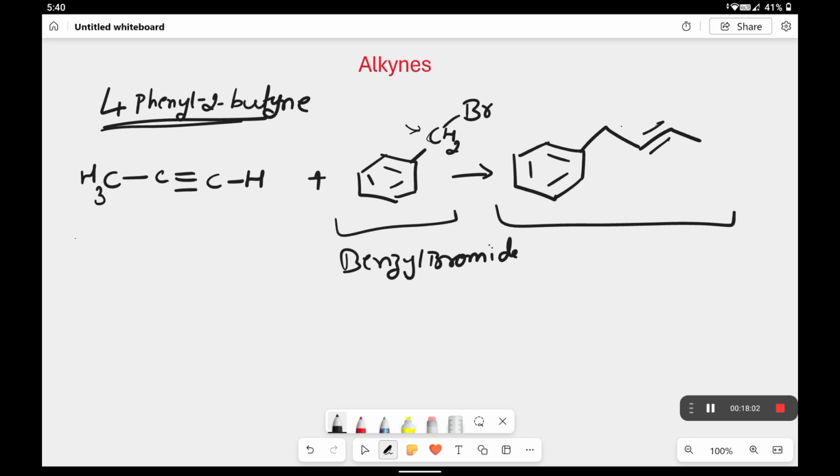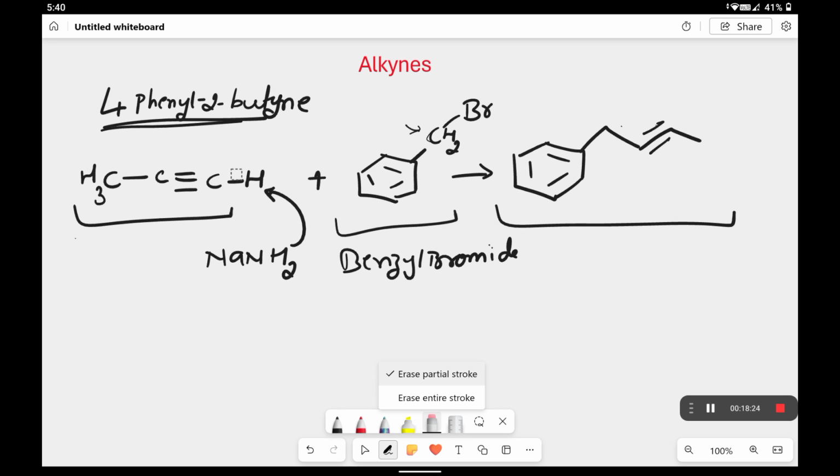Yes. This contains propyne, which has three carbon atoms, with one acetylenic hydrogen. If you add sodamide to this, what happens? The removal of the one acidic hydrogen takes place, which leads to the formation of this carbanion. This carbanion goes and attacks over this one, and eliminates the bromide ion.